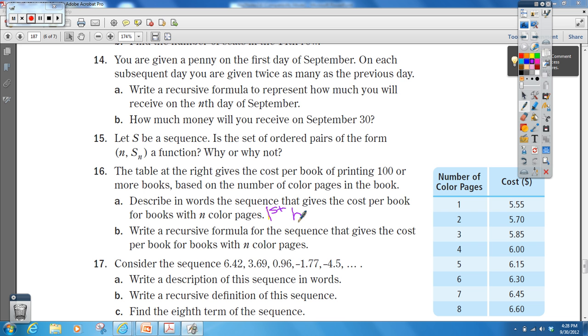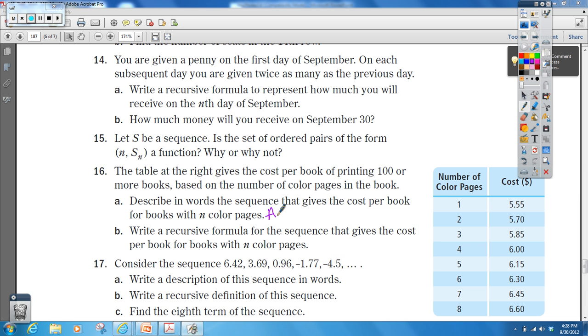The first book is $5.55 with one color page. Let's start over.